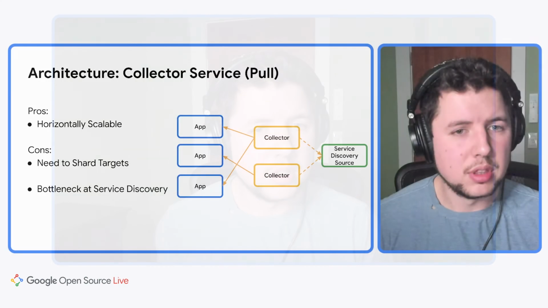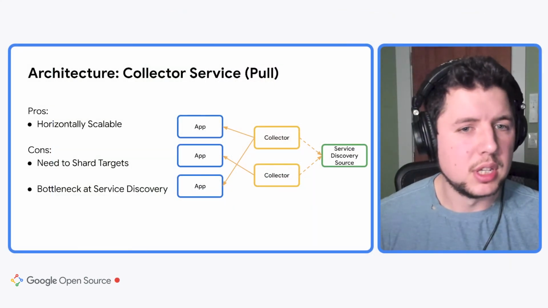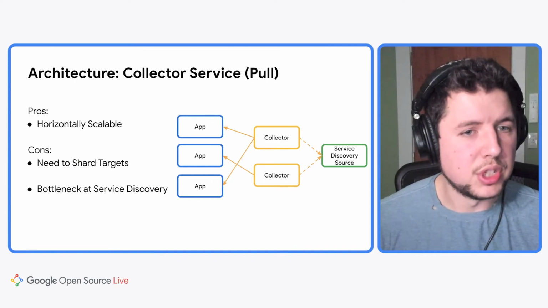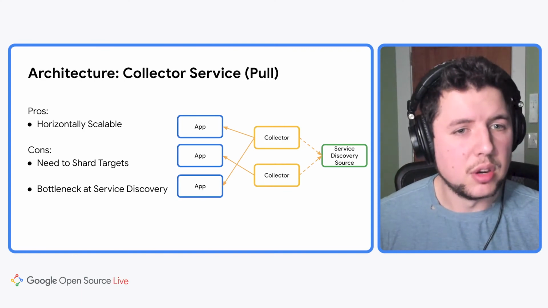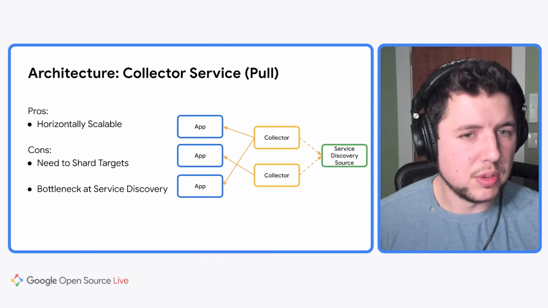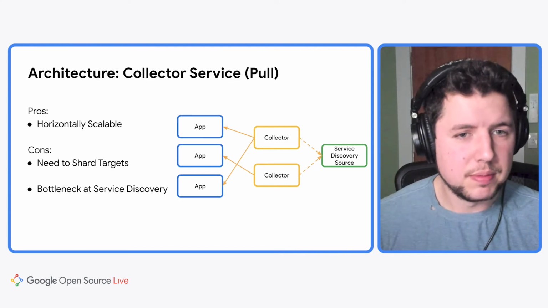For pull, things are a little bit trickier, but you can still achieve a horizontally scaled set of collectors. The problem you have now is that, number one, you need all the collectors to figure out which applications to scrape. And two, you need them to agree on which targets each one is going to scrape. So we call that sharding.